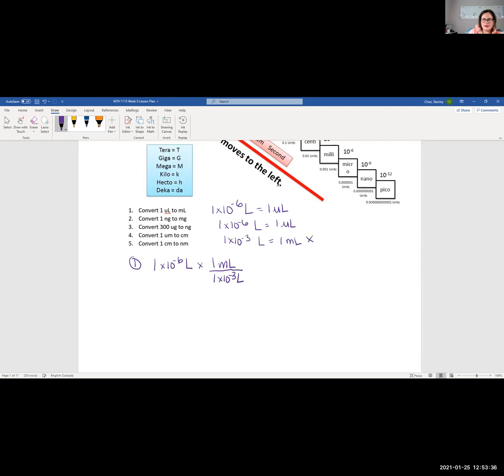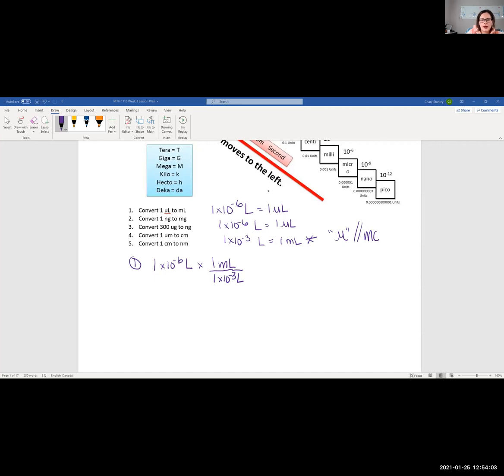So I used this conversion factor right here. And what I did was I wrote microliters instead of using the symbol micro. So this is a micro symbol. That's what this means. You might also see this in medicine as MC, but this Greek letter for micro is actually mu.